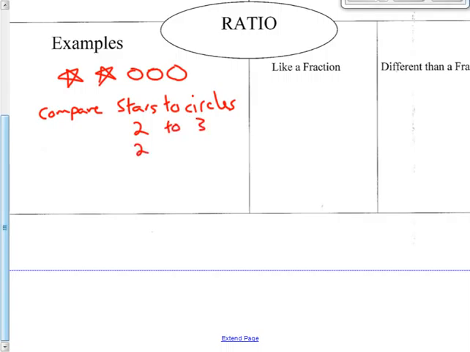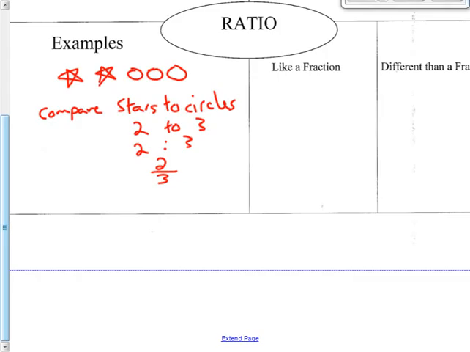I could say 2 to 3 like this, or I could say 2 over 3 like this, and that would be fine. If we were talking about the number of students to teachers in our classes, there's 35 students roughly in each class, and teachers there would be 1, so it would be 35 to 1, or 35 colon 1, or 35 over 1.